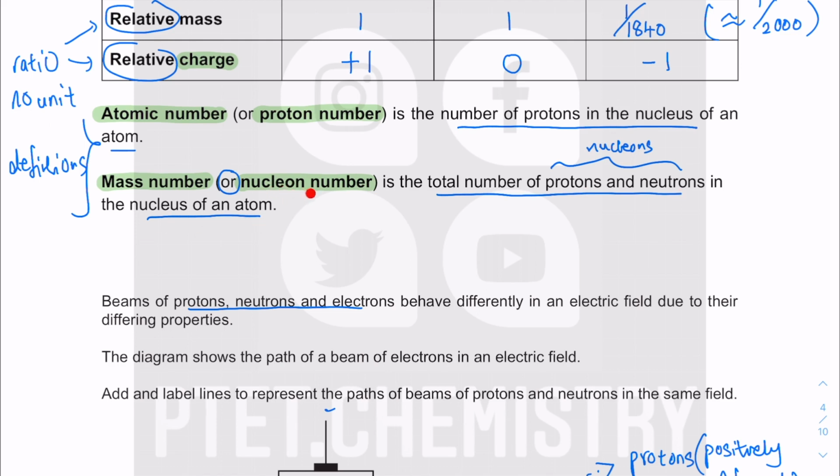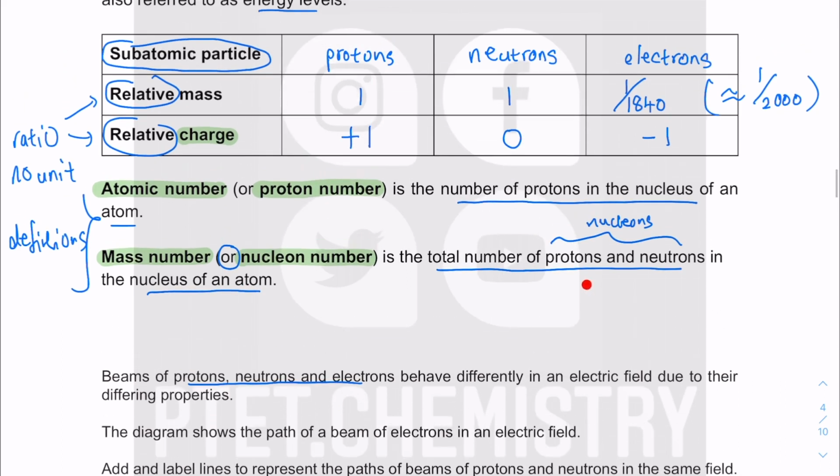So what is nucleon number? Nucleon number is the total number of nucleons in the nucleus of an atom. Nucleon number is the same as mass number, so it's the number of protons and neutrons in the nucleus of an atom. And why is it that it doesn't include the electrons?